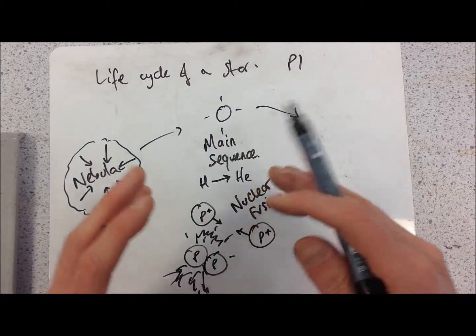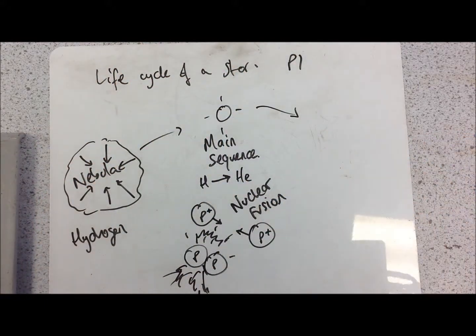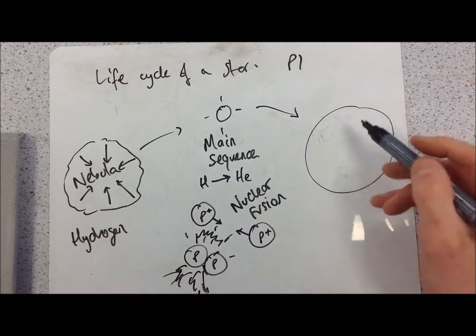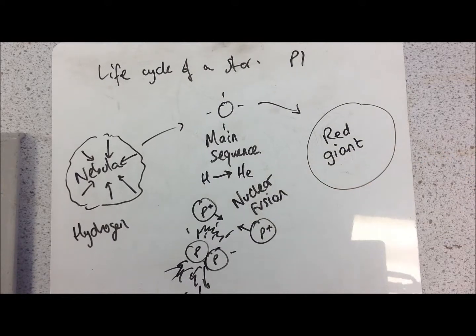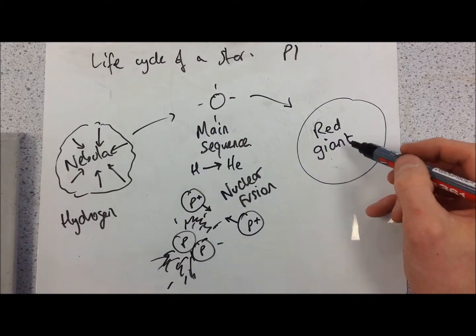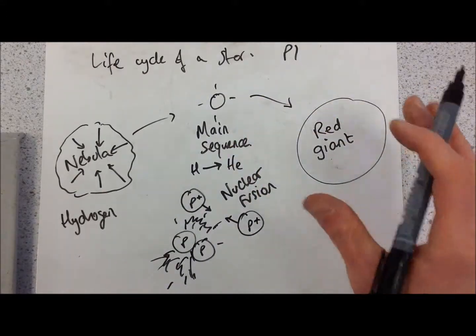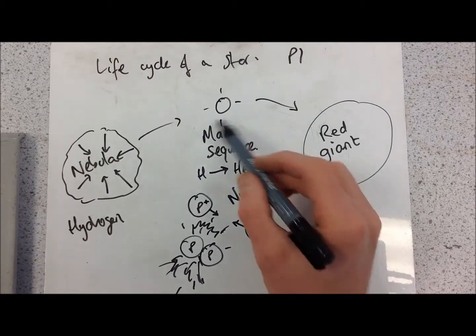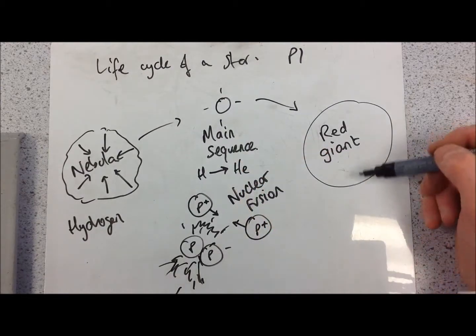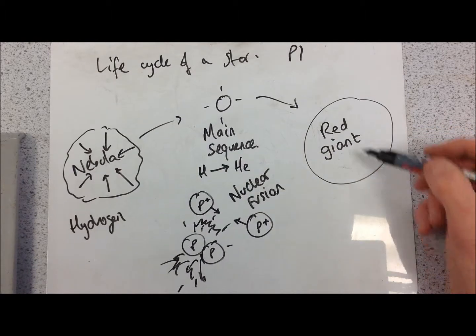Without nuclear fusion, the main sequence star will collapse. When it does, the core gets really hot and blasts out the outer layers, so we end up with something called a red giant. The surface of the red giant is quite cool, cooler than the surface of the main sequence star, but the core is really hot.